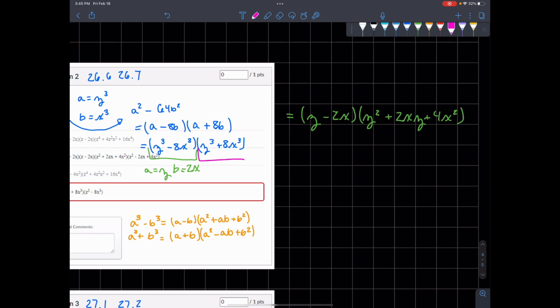And then let's do this one in pink here. We're multiplying these together, so I'm doing this on the next row because I'm running out of space. Again, a is equal to z, b is equal to 2x, so z plus 2x times z squared minus 2xz plus 4x squared.